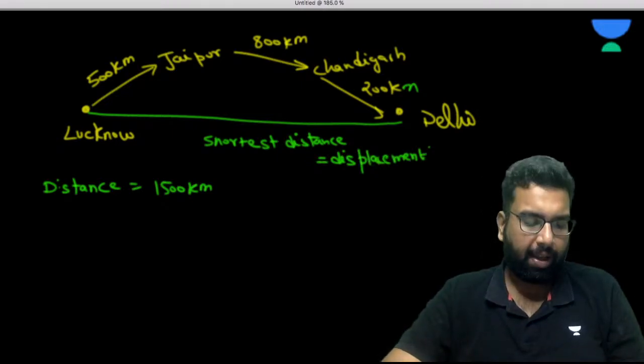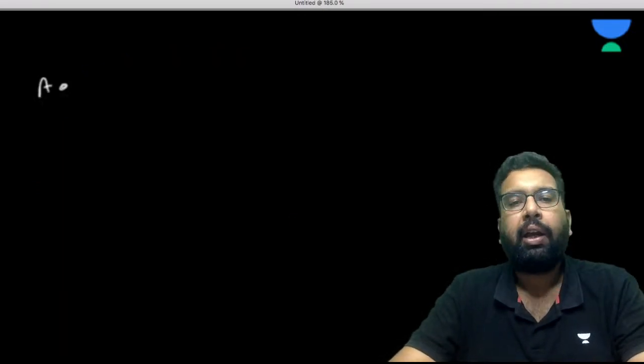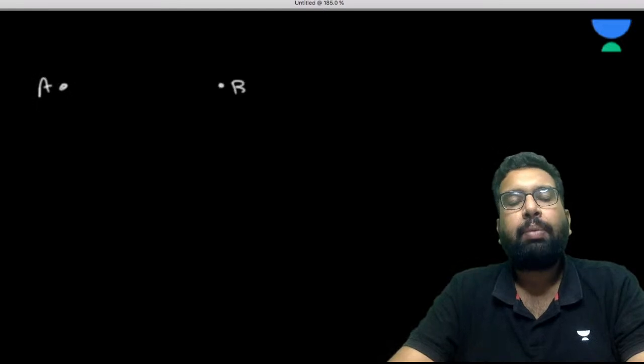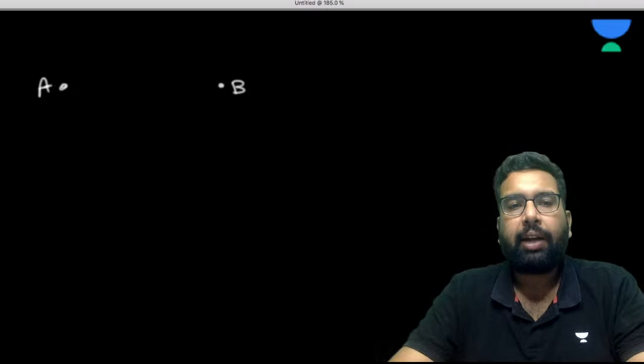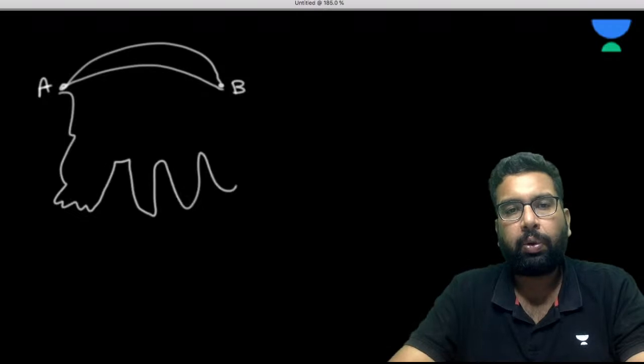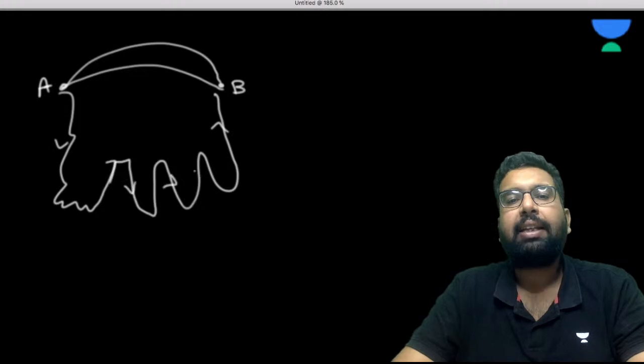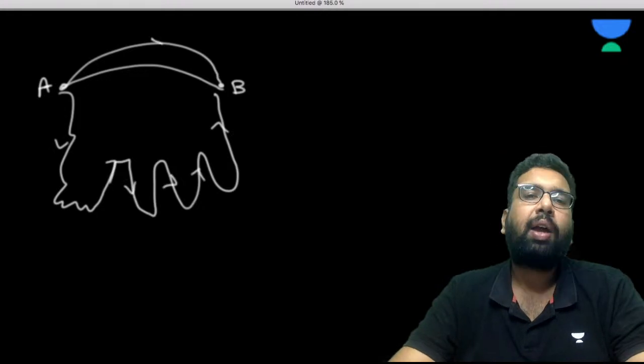Now you can have multiple explanations for this. For example, we have two points A and B. There can be infinite ways to reach from A to B, right? You can go like this, like this, or like this. All these are our distances, the actual length you have followed.